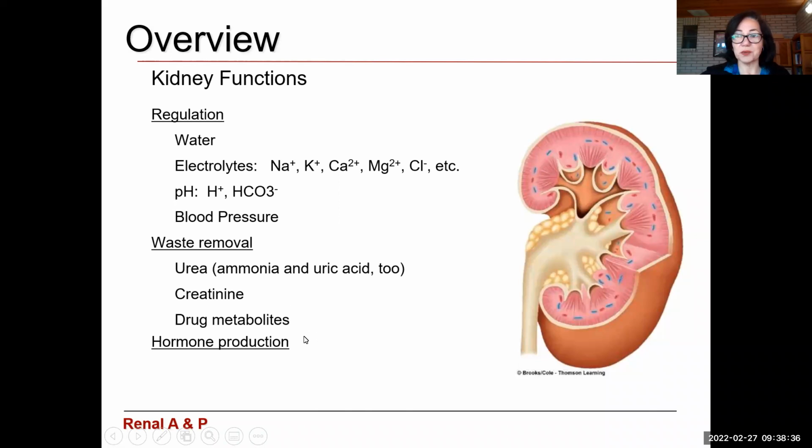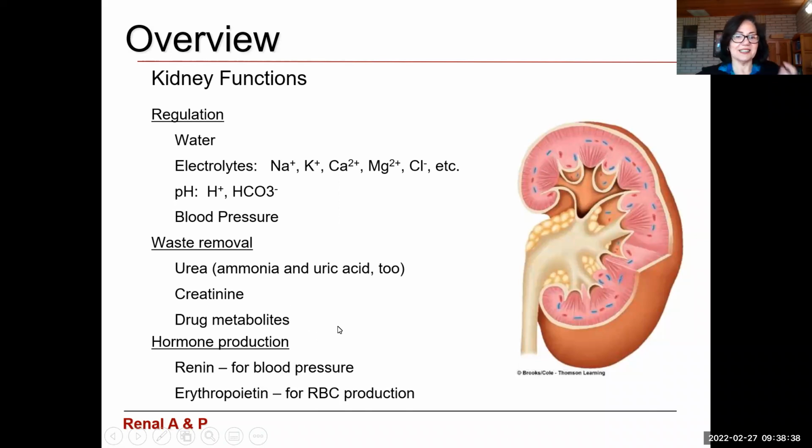And then hormone production. There are a couple of hormones in particular that I want you to be aware of. One is renin. This is the hormone that's part of the renin-angiotensin-aldosterone system. So renin is produced and released in the kidney. And then the other one that's really important for you to know is erythropoietin, also known as EPO.